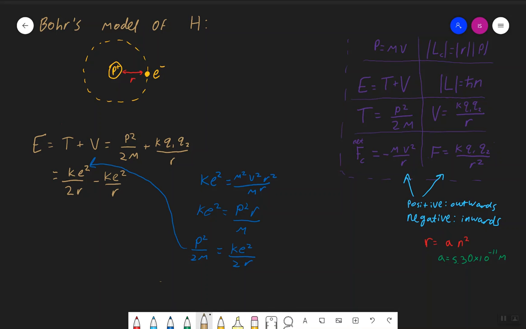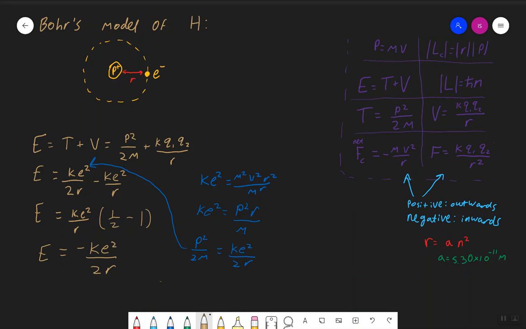So now we can factor out this Ke squared over R, and this is all the energy, so I'll write that here. Ke squared over R times, if we factor that out, we get 1 half minus 1, negative 1 half. So putting this back in, E equals negative Ke squared over 2R. And that is our expression for energy.